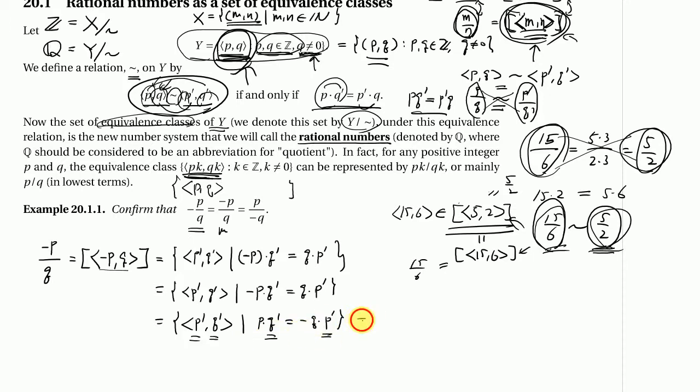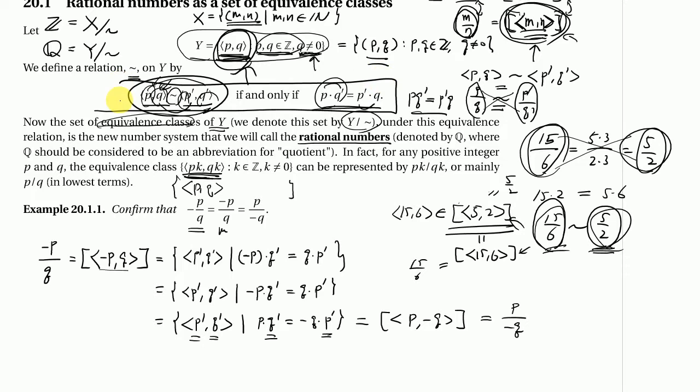So it can be represented by p, negative q, by the definition, and it can be represented by p over negative q. And can you see the power of this? We only have one simple definition of how to collect those ordered pairs within the same equivalence classes.